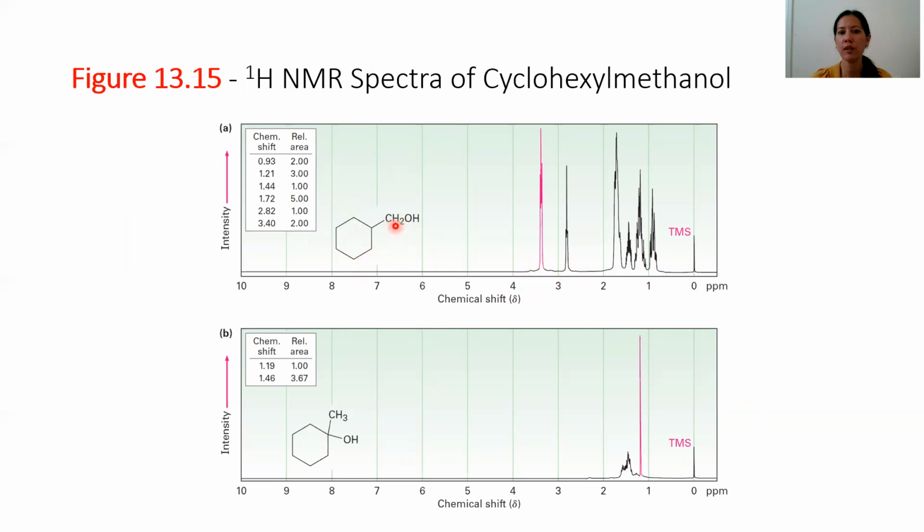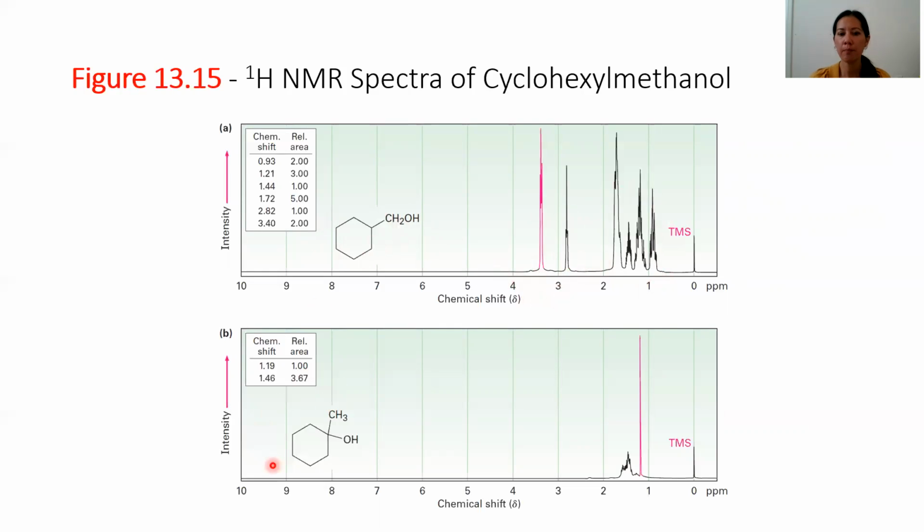The CH2 next to the O will come up between 3 and 4. You'll have this OH hydrogen split by the CH2, giving you a triplet, which I haven't blown up, but you can see that. And just a bunch of different saturated H's here.